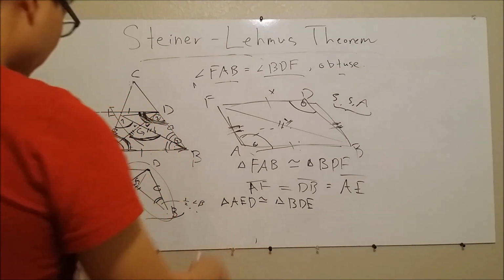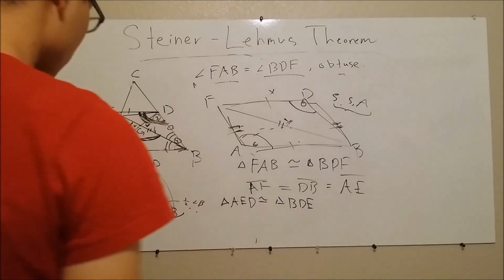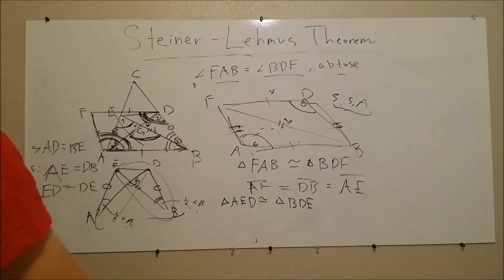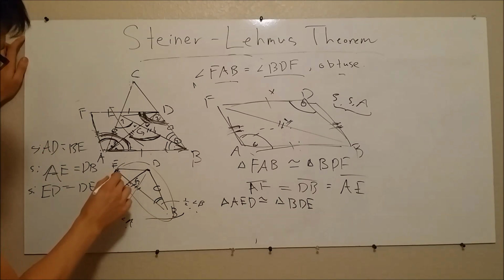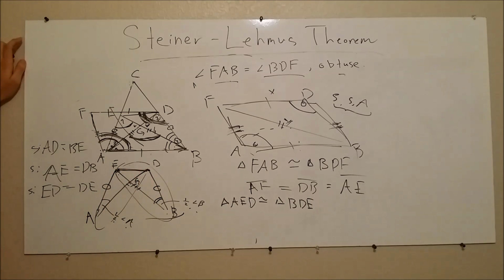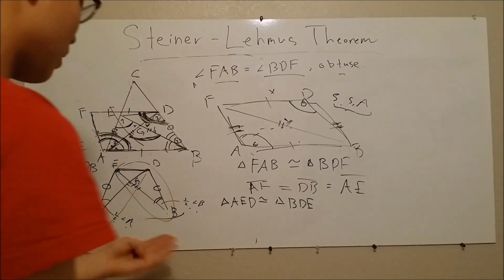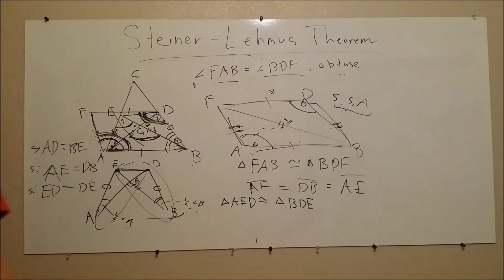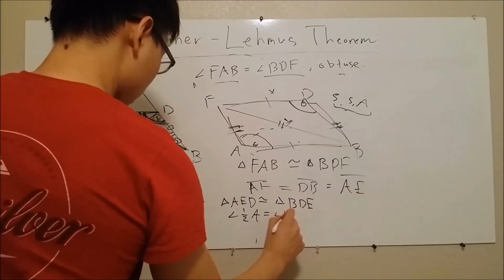We have triangle AED consisting of half angle A, triangle BDE consisting of half angle B. And since these are two congruent triangles, and these two angles are corresponding, that is, these two opposite sides, ED and DE, they're equivalent. So what does that tell us about the angles? They must also be equivalent. So half A is equal to half B.